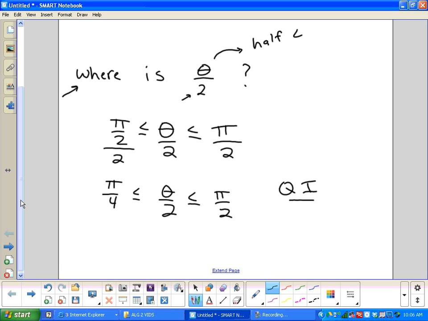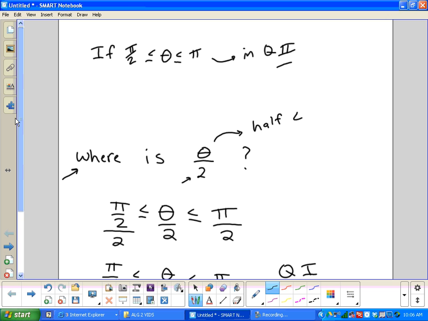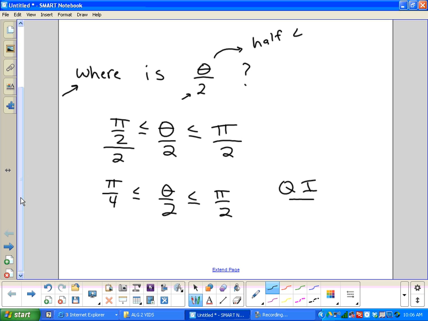Because what do I have to decide on sine and cosine of my half angles? I've got to decide, is it plus or is it minus? And this is where it gets really confusing. Even though theta is in the second quadrant, the half angle would be in the first quadrant, which means everything would be positive if I was talking about a half angle.